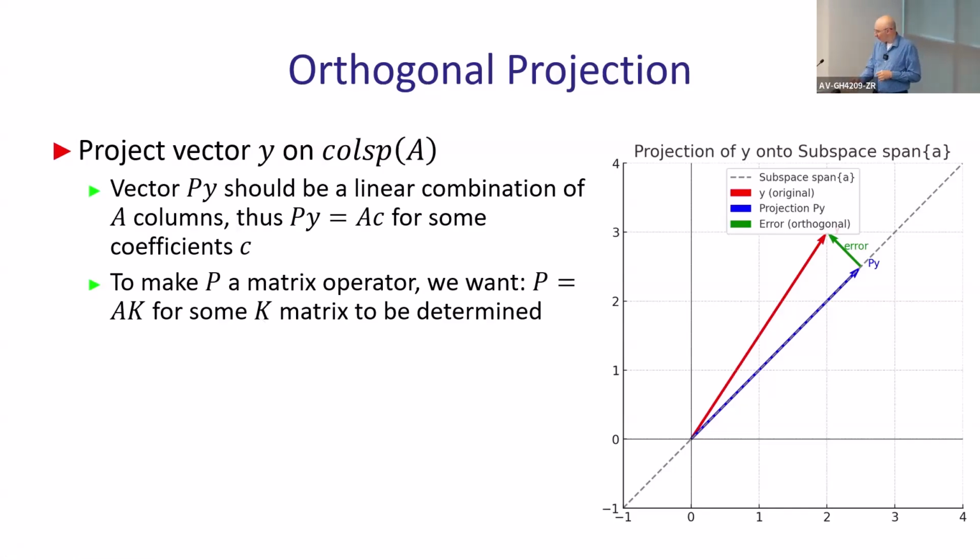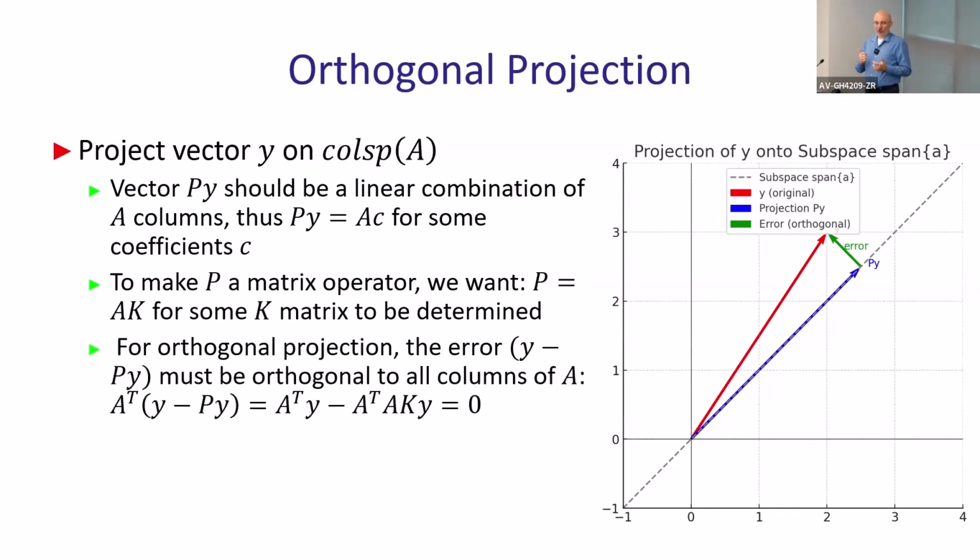But what we do know is that this is an orthogonal projection. And for an orthogonal projection, this error should be minimal. What does it mean that the error is minimal and the projection is orthogonal?